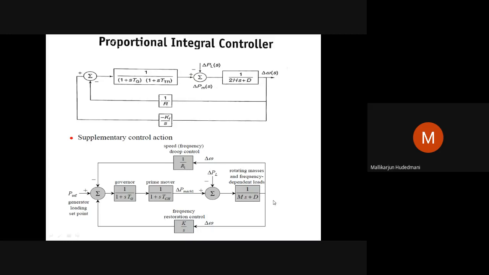It means to say that the changes that would occur here should be reflected directly at the set point, so that the governor and associated prime mover will change their mechanical outputs such that the subsequent change in frequency is addressed immediately on the need. For that, it necessitated the use of an integral controller in the input block side, which we call a PI controller, proportional integral controller, feeding the frequency deviation back to the reference point.